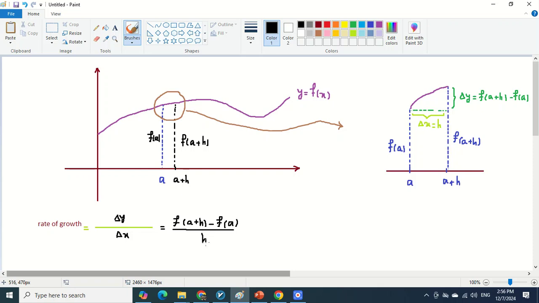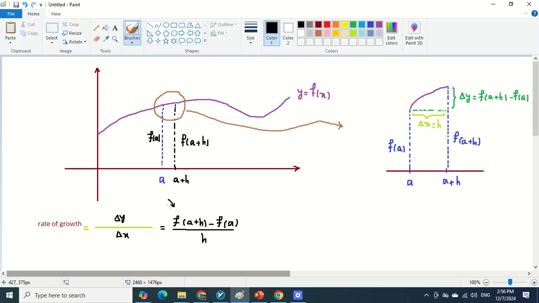If I consider A plus H at the left side of A, then by having the negative value for delta x in the denominator, we reach the same fraction. So this ratio that we have over here determines the rate of growth.